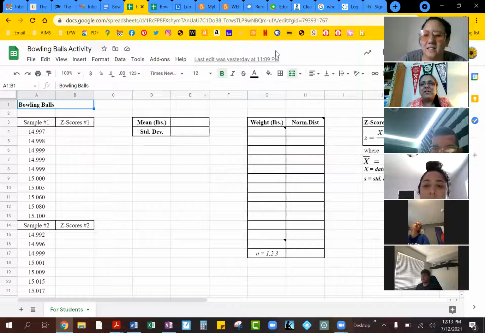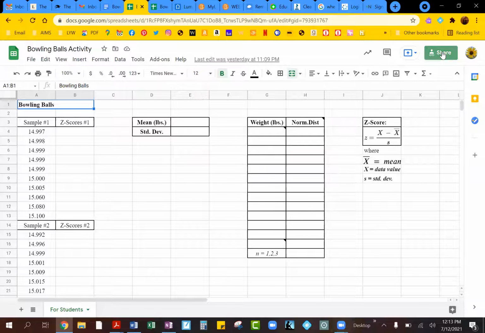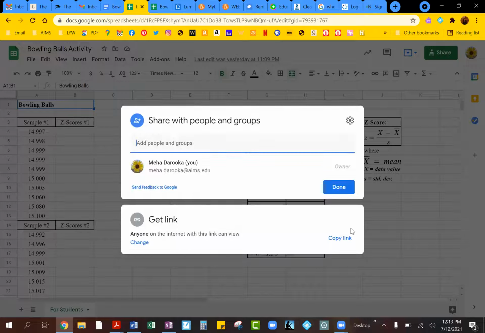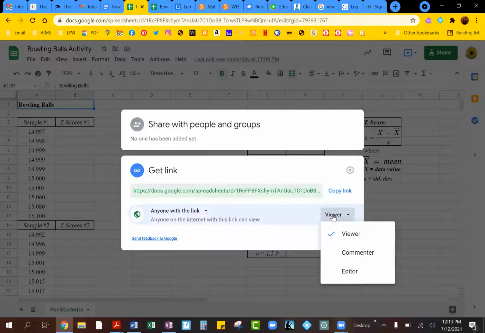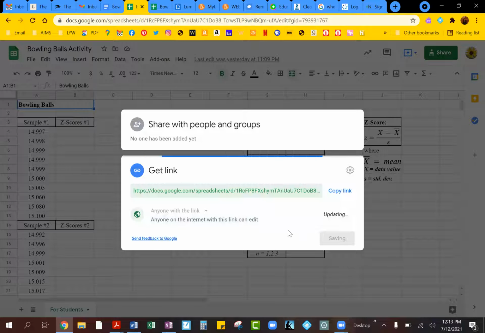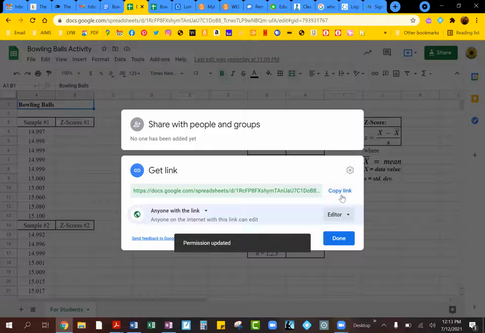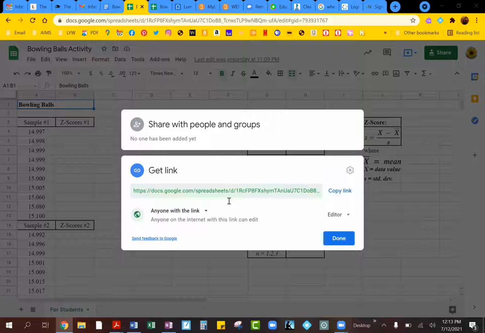So I am actually going to send you this link. Let me change this to editor, because otherwise it will not let you type in here. Alrighty, I'll send this through our Zoom chat so you can get into the Google Sheets.